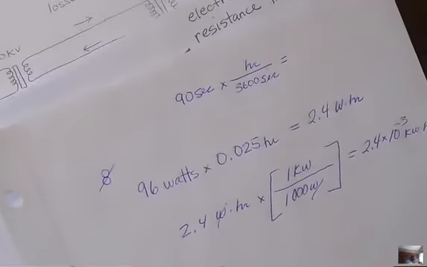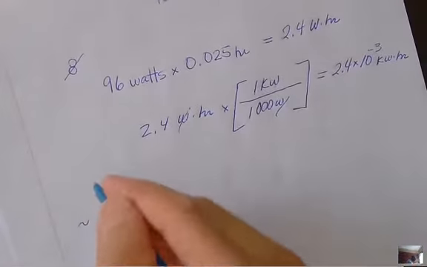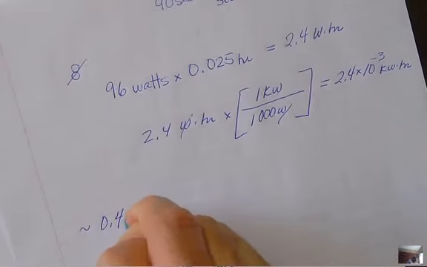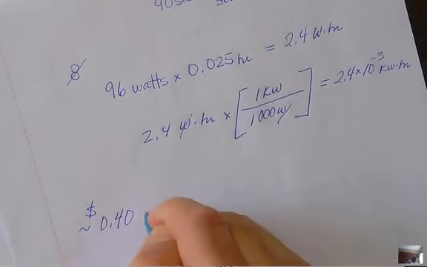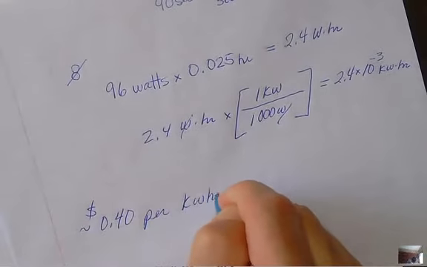Okay. Even if I was being very nice to PSE&G and giving them too much money, I'm going to say we pay probably $0.4 per kilowatt hour.